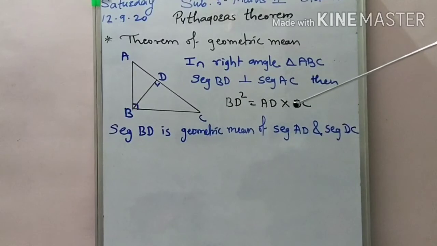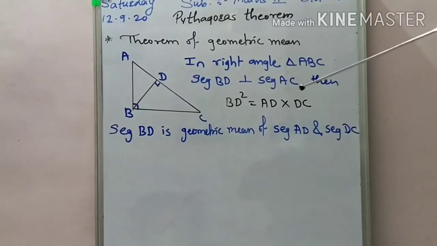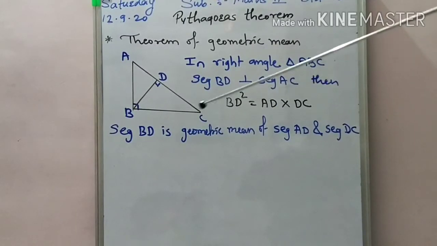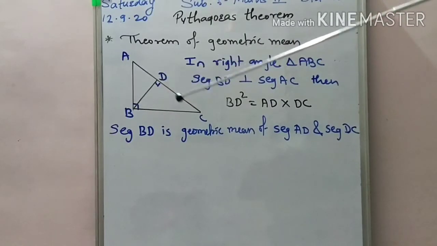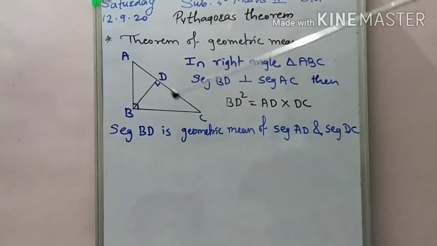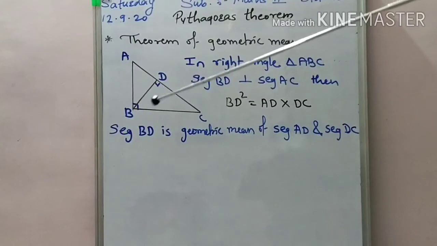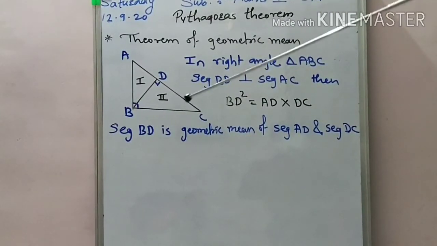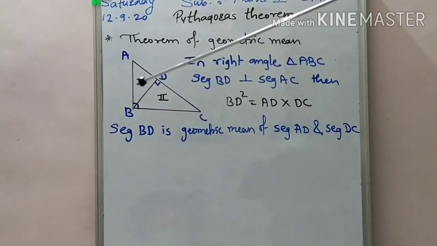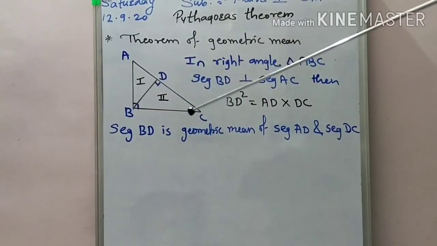And to get the triangle having the side DC, in triangle BDC we have the side DC, and BD is also there. Means these two triangles, triangle ADB and triangle BDC.